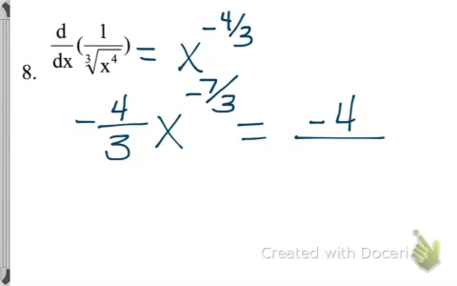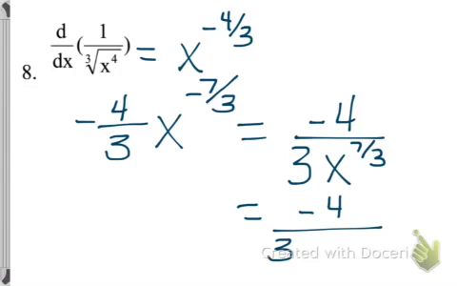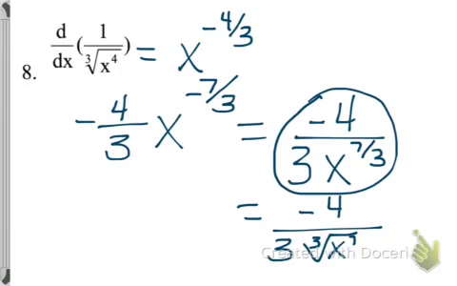So I would have 1 over 3, x to the 7/3 down here. If I wrote it as a root function, it would be 3 cubed root of x to the 7th. Okay, either one would be okay because I have a positive exponent there. Just depends how you're asked to write your answer. Okay, so pretty straightforward, that rule.